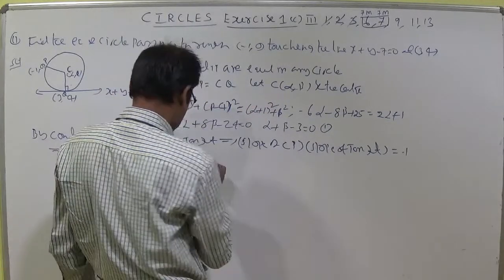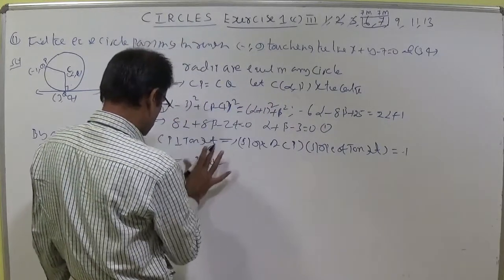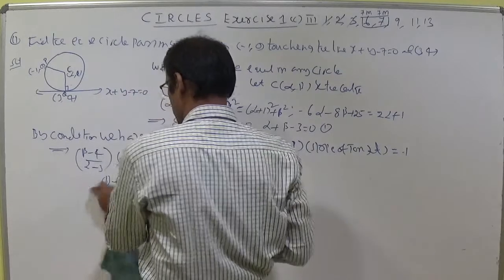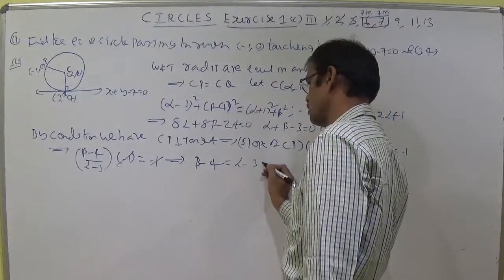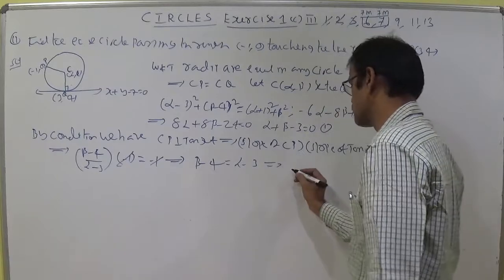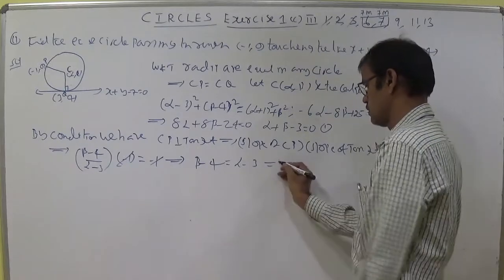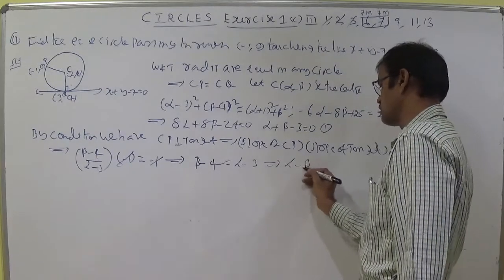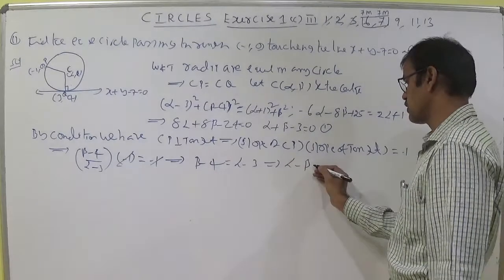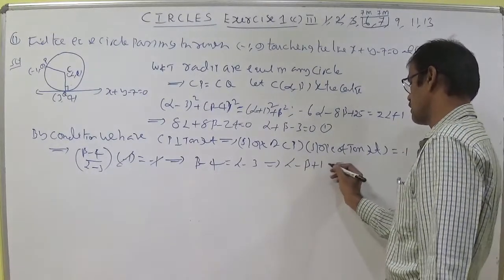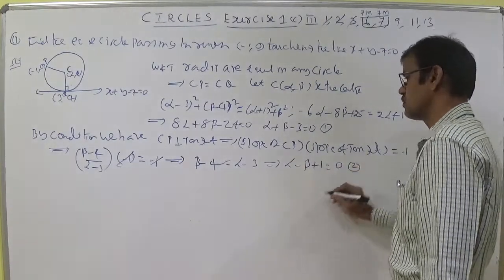Beta minus 4 is equal to alpha minus 3, that implies alpha minus beta plus 1 equal to 0. This is the second equation.